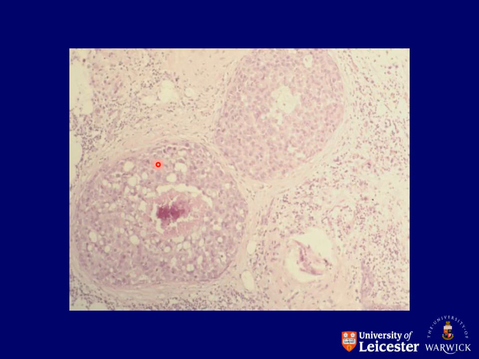We will not call these malignant cells; we will call these atypical cells. So there is no invasion of these atypical cells across the basement membrane. So we call this condition carcinoma in situ.